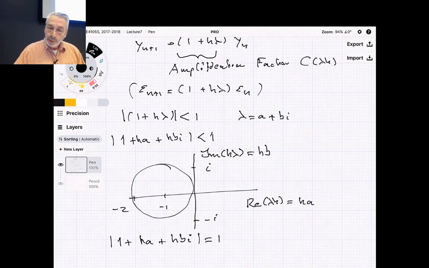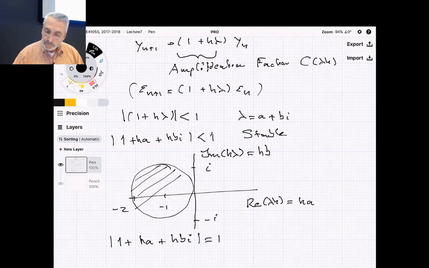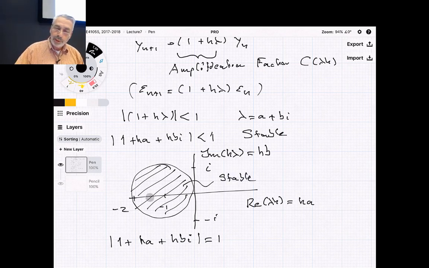Now, the statement is that it should be stable if we fulfill this. So the stable area is apparently this. All h lambda within this area make sure that the method we use, the Euler method, will result in a stable result, that errors will not propagate. So it's only about the method.